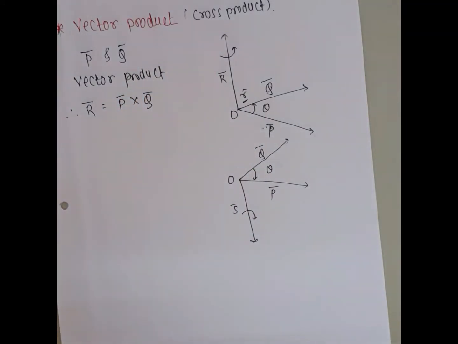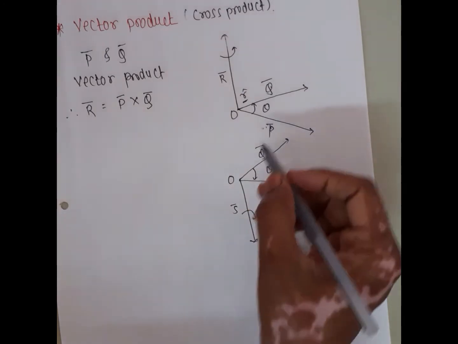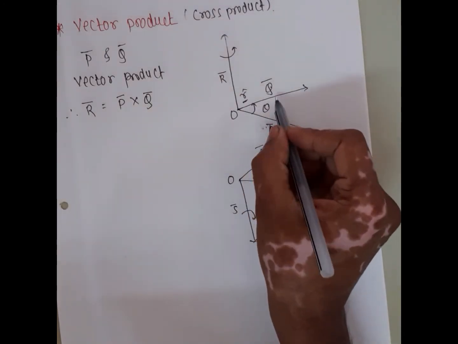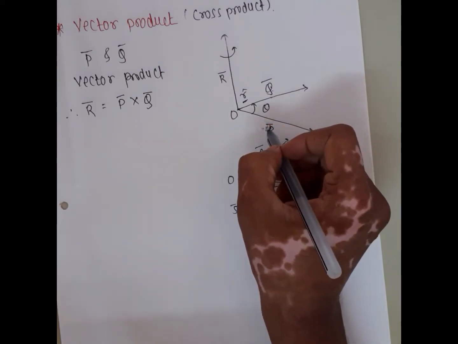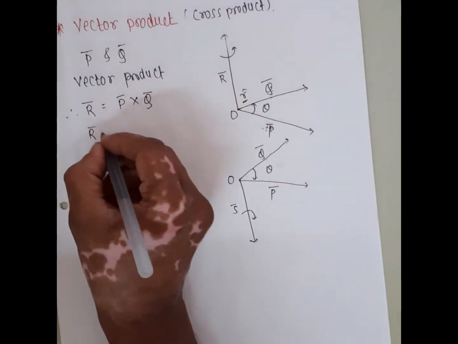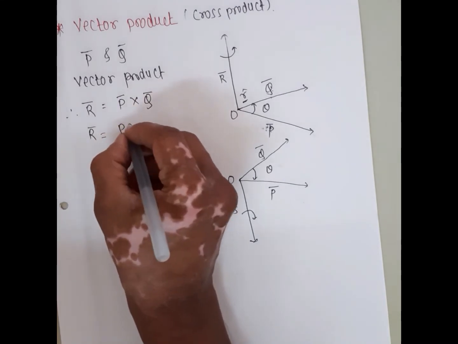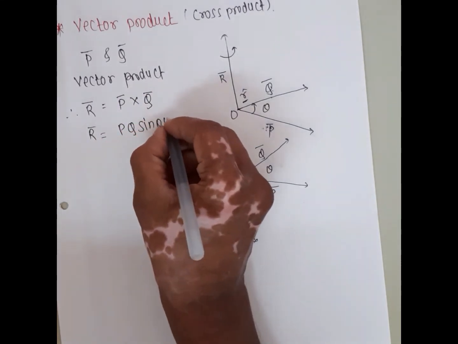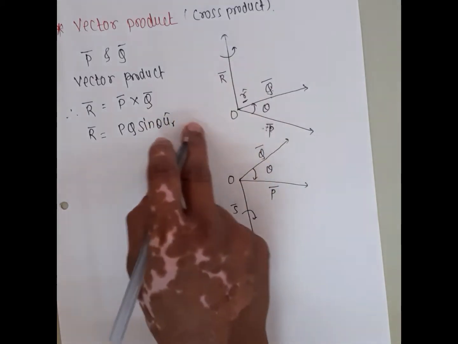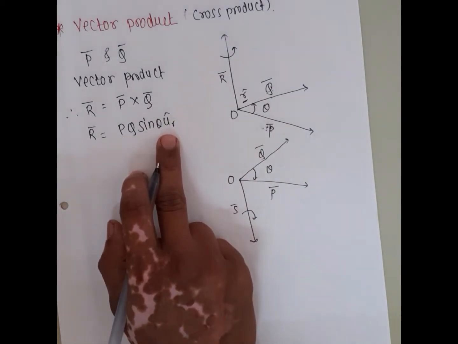But there is one thing: an angle is created between these two vectors, so this is written as r bar is equal to pq sin theta u r cap. Why do we write u r cap?